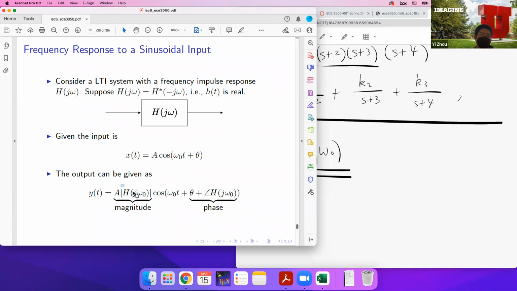So you can see how the system reacts to such a standard sinusoidal signal. Both the magnitude and the phase will be modified by the corresponding system response at this particular frequency.